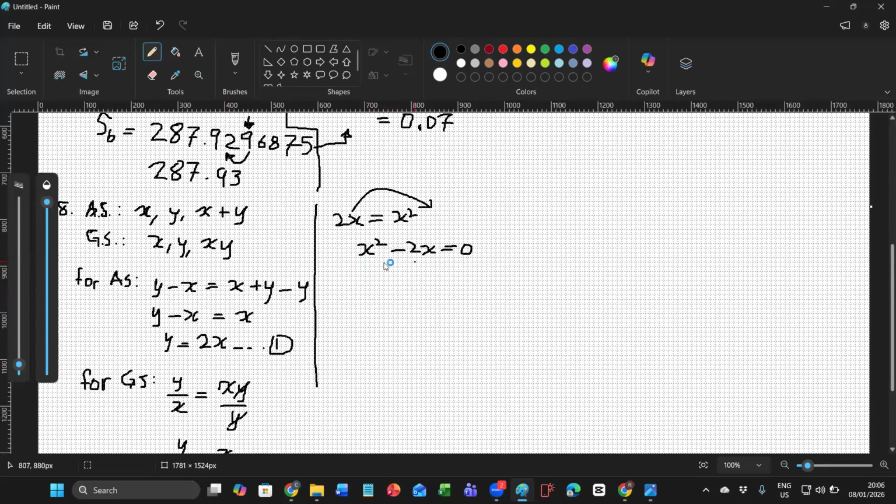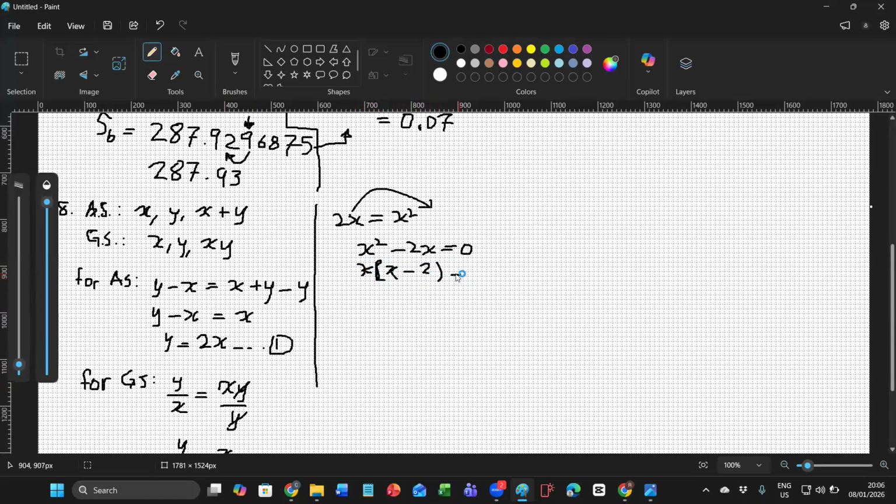So let's go back to our quadratic equation. How do we solve it? Basically, we could factorize the x, which would mean bringing one of the x out, opening a bracket, and leaving us with x minus 2 inside, still equal to 0.